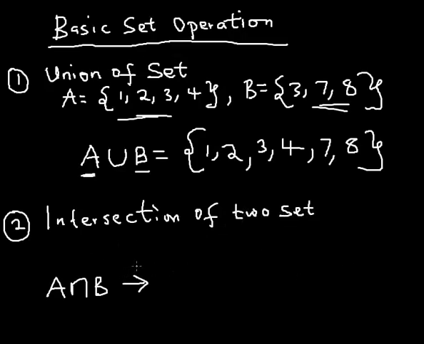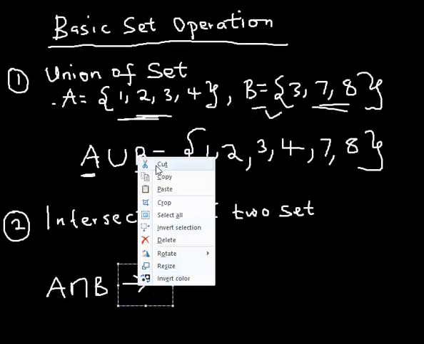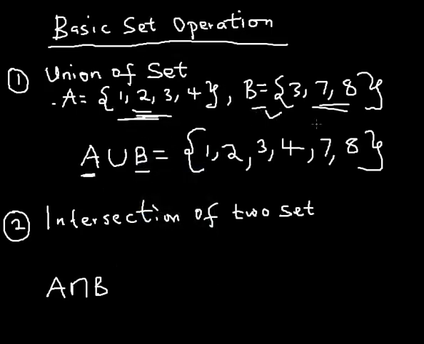If I have A and B, using the example I have up here, the intersection is simply the elements found in both, or the elements common to both sets. Of course we use the symbol ∩, which looks like a small letter n, but it has to be big.